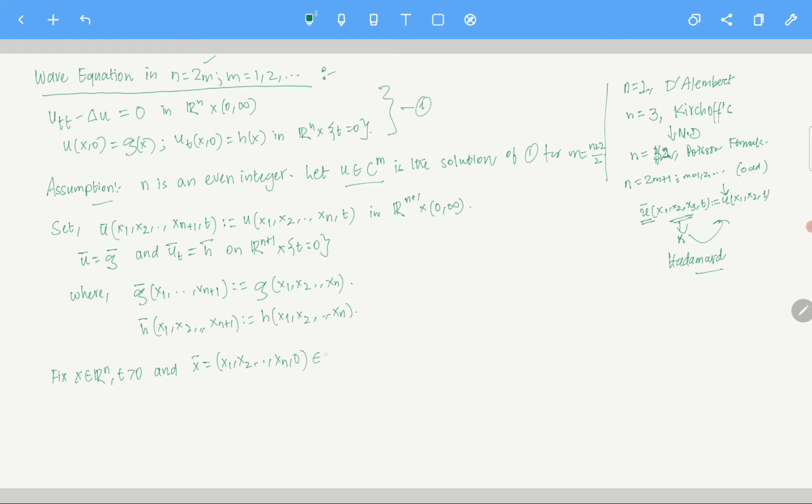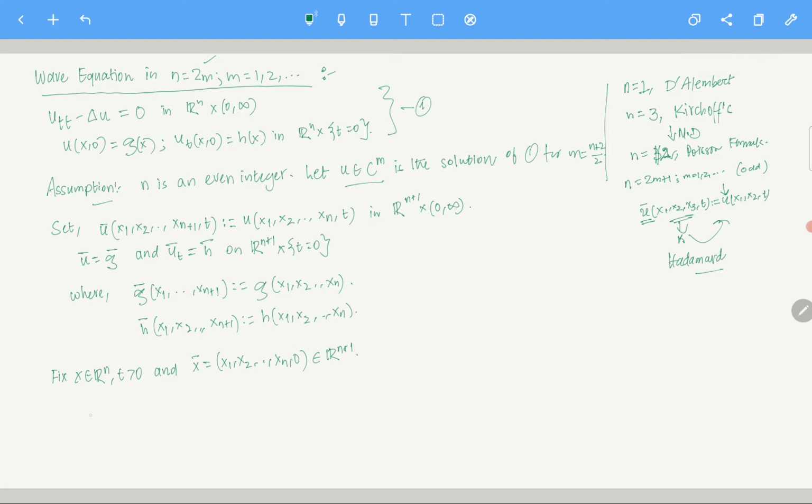This is in R^(n+1). So we're just writing x bar like that. Whenever I say x bar, the x_(n+1) part is 0.